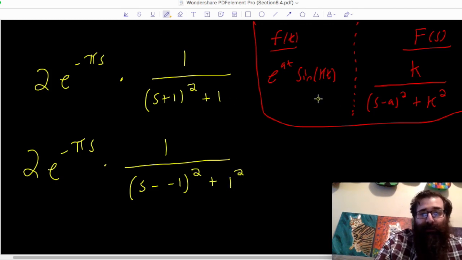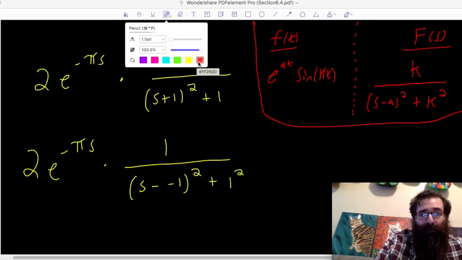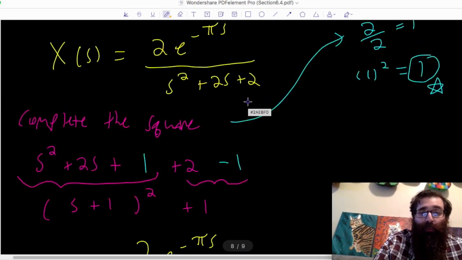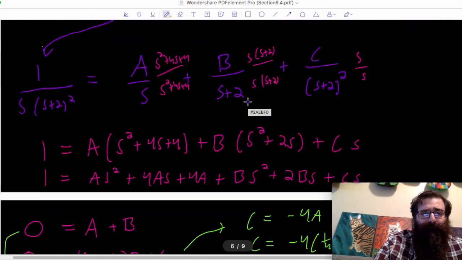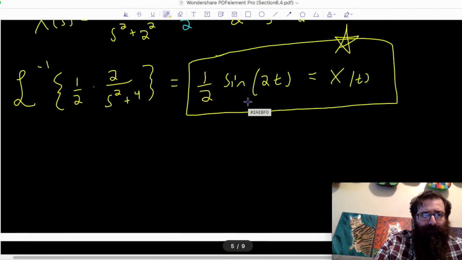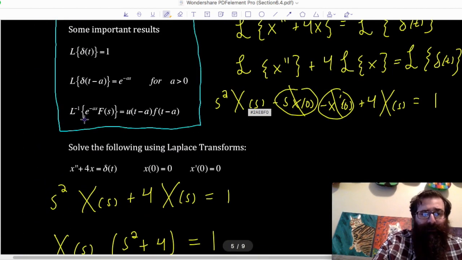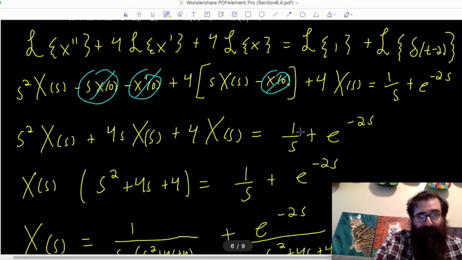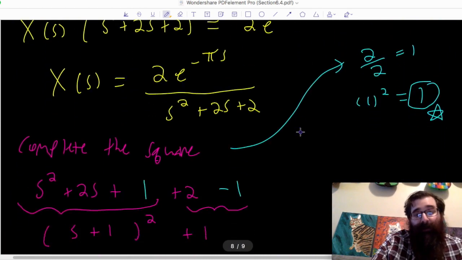Now, in addition to this translation property, we're also going to have to think about what we said earlier. I'll go all the way back to where we had it. I think we wrote it down since then. It's Laplace inverse of e to the minus as times big F of s is u of t minus a times function little f of t minus a. Going to need that as well, of course.